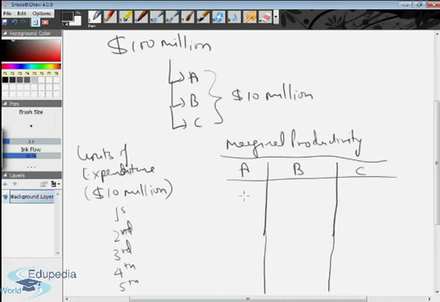We know the marginal productivity from spending the units on these projects.